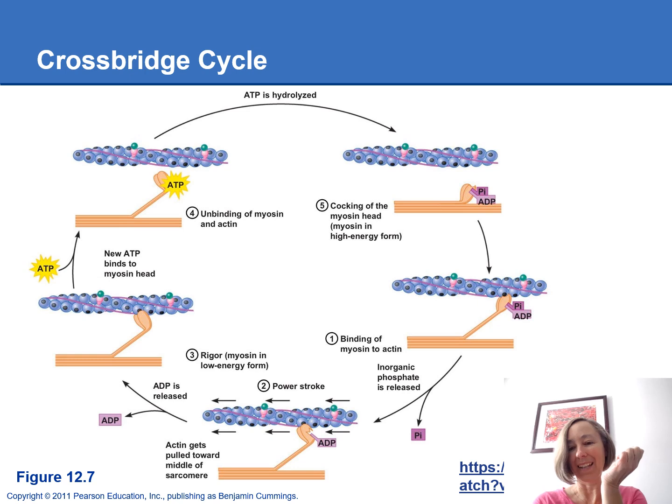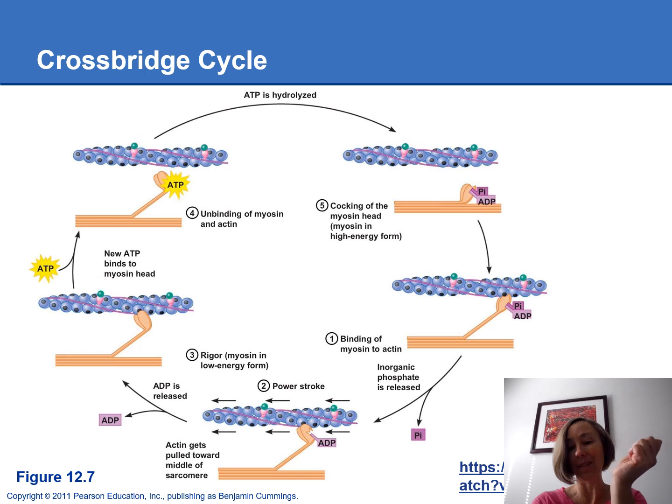Okay, and as soon as those binding sites on the thin filaments become available, then that myosin head is going to reach up and grab onto the thin filament. Okay, and once it does that, then it's going to rotate, and it's going to do what's called a power stroke.